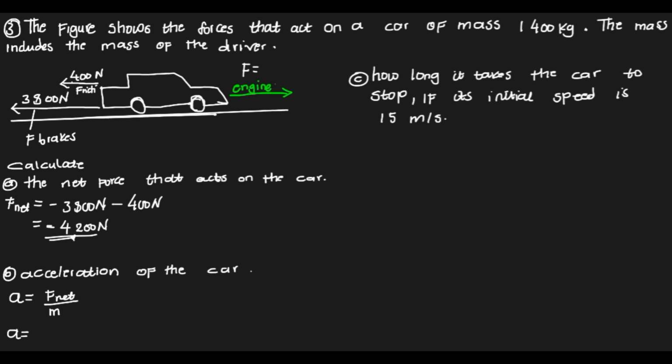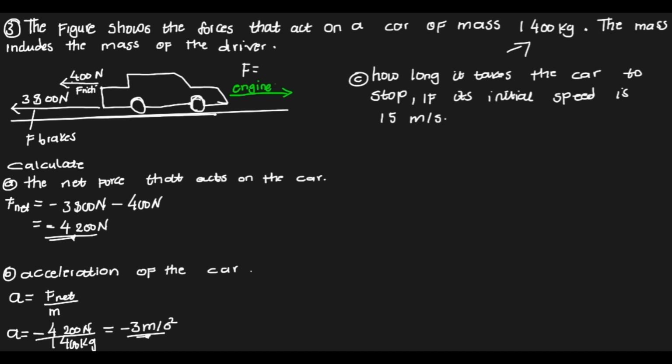So from the given data, our net force is negative 4,200 newtons divided by our mass. We can see that here our mass is 1,400 kg. So here we are going to get an acceleration of -3 meters per second squared.